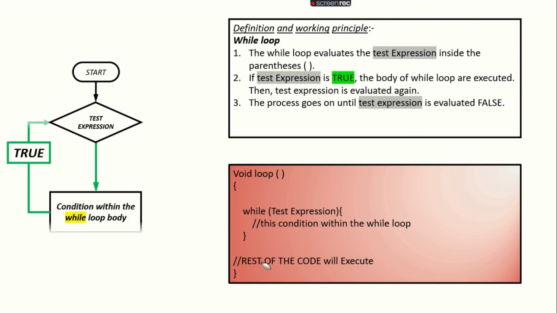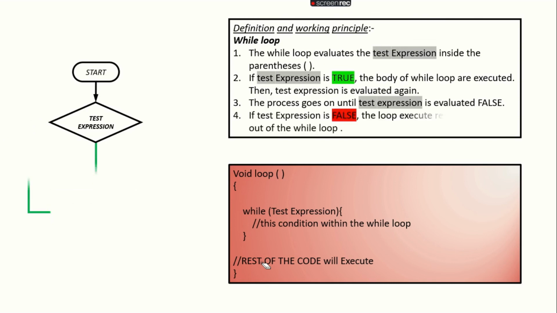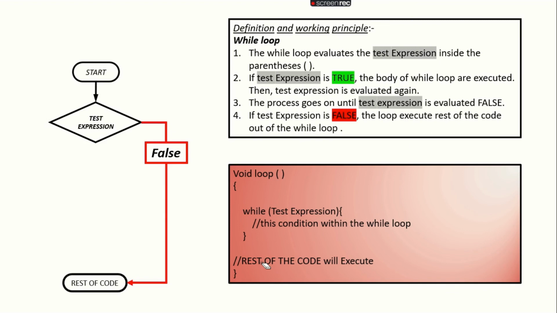If it becomes false, then the loop exits and the rest of the code out of the while loop body executes. So this is the simple syntax of the while loop. You can put your code in the while loop body and the condition in the while loop test expression.